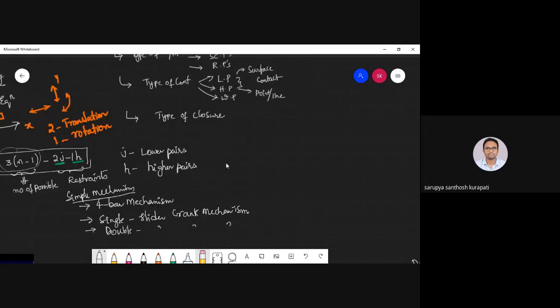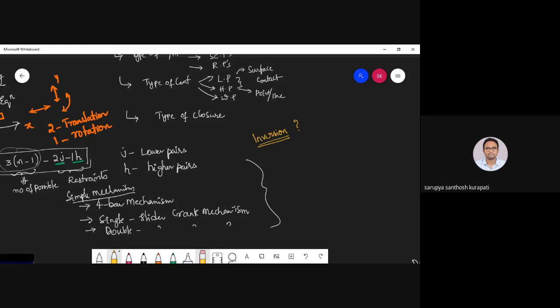I hope you remember about inversion. Do you remember when we are going to call it an inversion? If different links are fixed, yes.